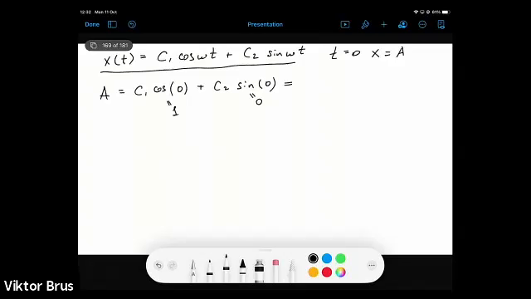From this, we can write that C1, the constant next to cosinus, is equal to A, the amplitude value of the displacement. So the first step is done. We already know one constant. However, there is still a second remaining, and we need to apply some other boundary condition, which will allow us to get this unknown constant C2.